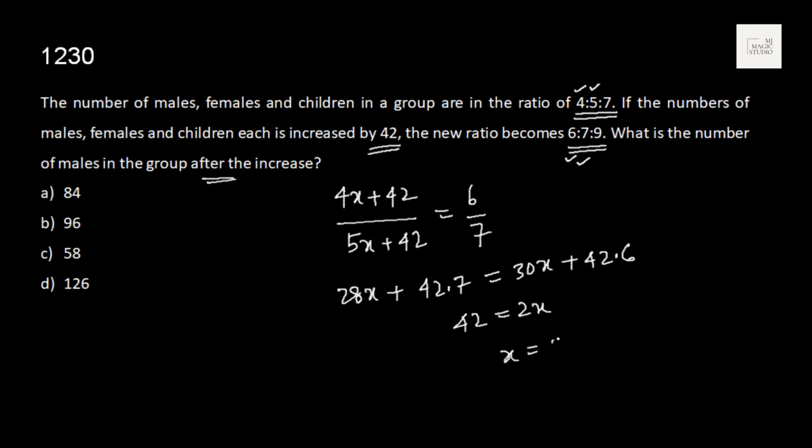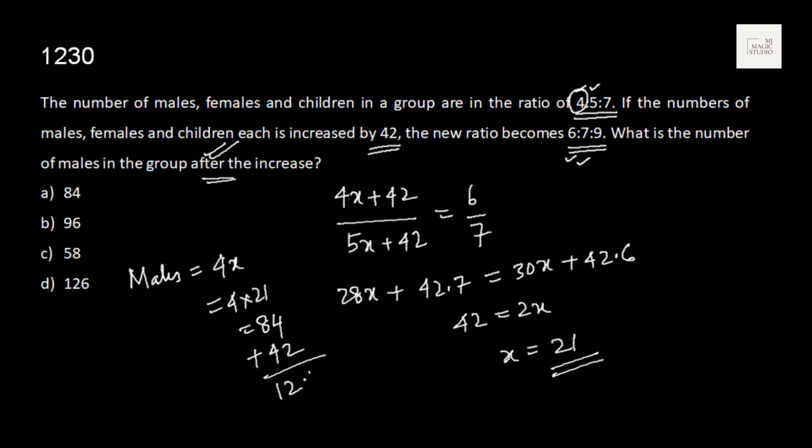So x is 21. So males in the group before the rise were 4x, that is 4 into 21, that is 84. But the question asks after the increase. So 84 plus 42 would be 126. 126, option D is the answer.